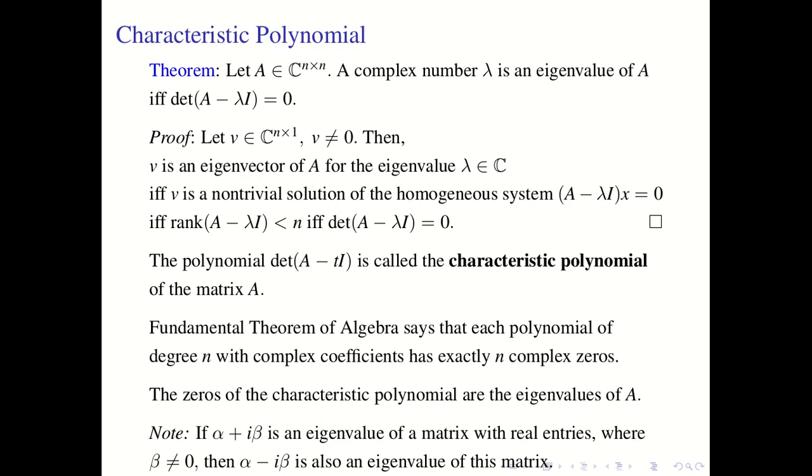Let V be a vector in C n cross 1. Let V be non-zero.